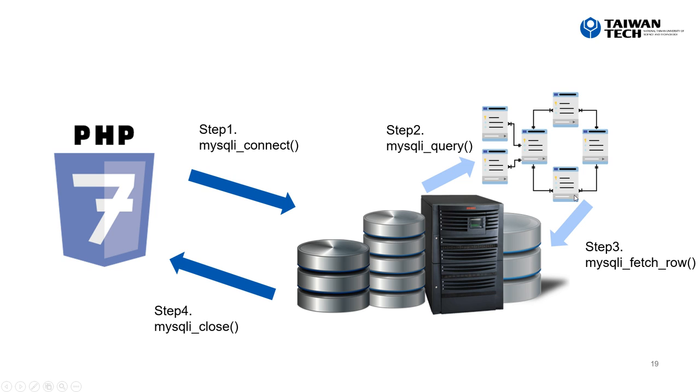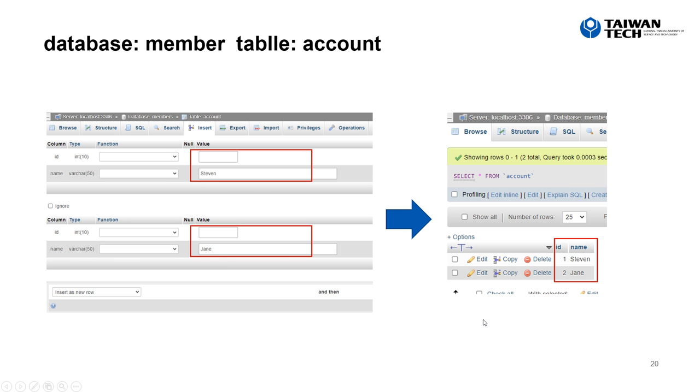If you want to get information from the database table to our website, you need to use mysql_fetch_row, which helps us read the information from the table. And later, when everything is finished, please use mysql_close. So these are the four major things from our SQL.